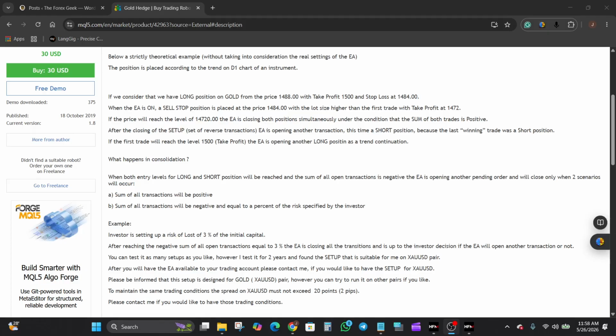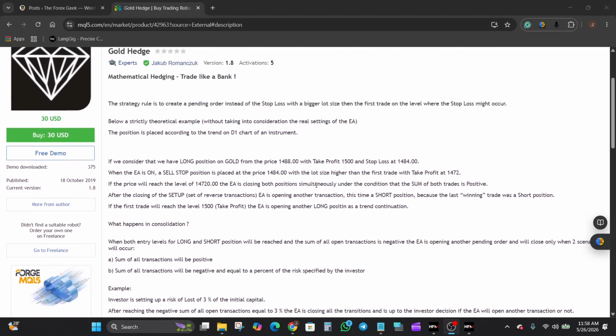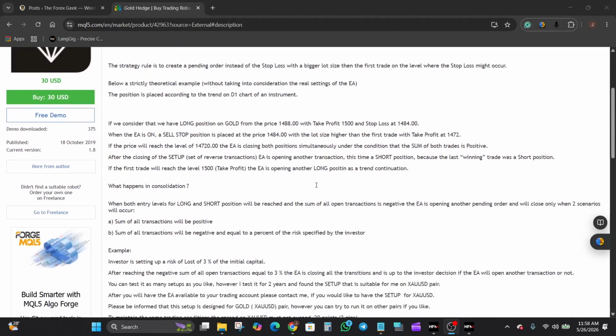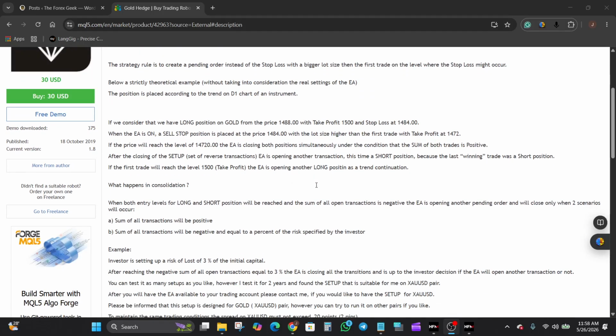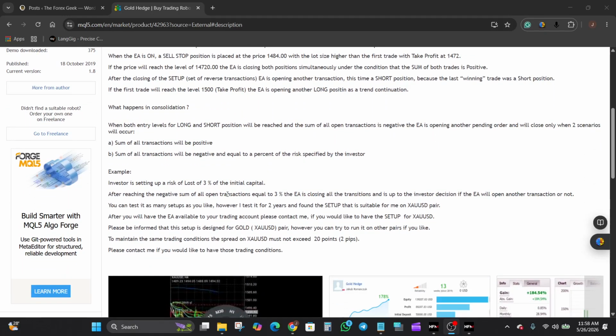So there is a form of directional continuation after resolution of each cycle. The developer also explains consolidation scenarios, where both long and short levels may be activated, and the EA manages multiple open positions until either the combined basket becomes positive or reaches a defined risk threshold set by the user.